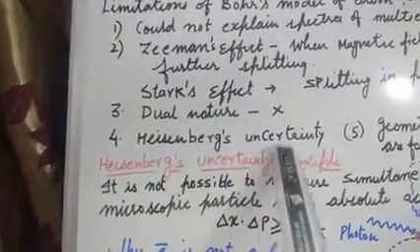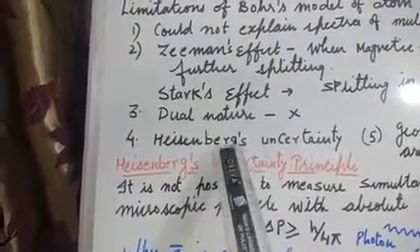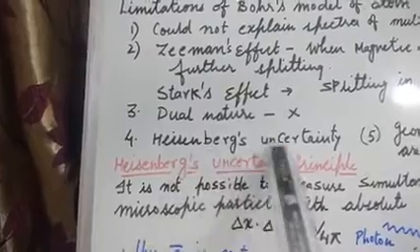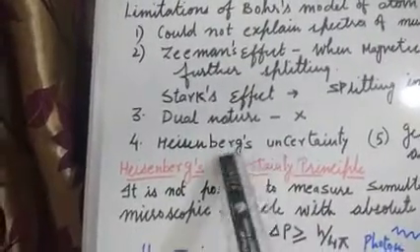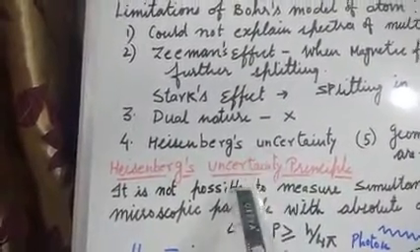One more thing, Heisenberg's uncertainty principle. Niels Bohr was unable to give this uncertainty principle. What is that principle? I will be taking it later.